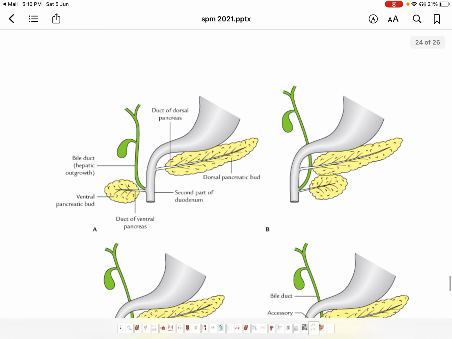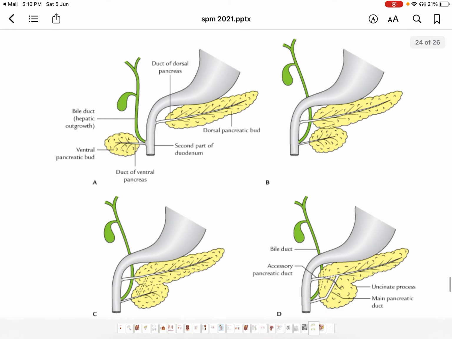Now, the duodenum develops from the foregut and midgut. The part at and above the opening of the bile duct develops from the foregut, and below that it develops from the midgut. And for the development of the pancreas, you can see here there is a ventral and dorsal bud of the pancreas.